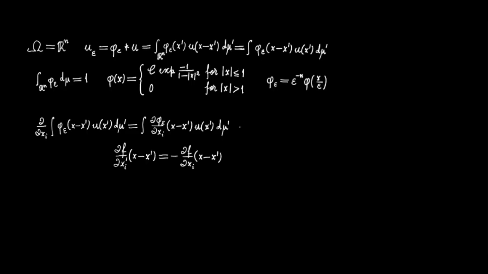So if we apply this here, we obtain minus the integral of the derivative of phi epsilon with respect to x prime i multiplied by u.